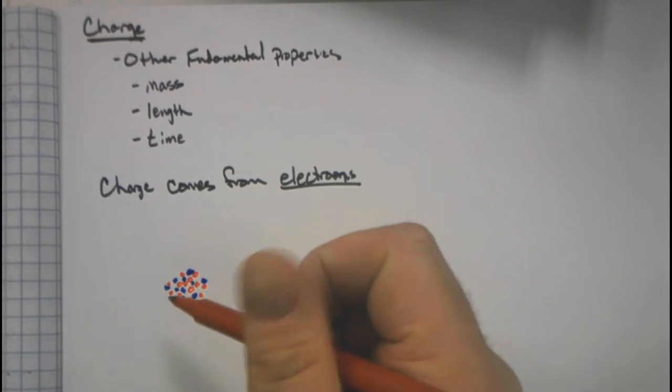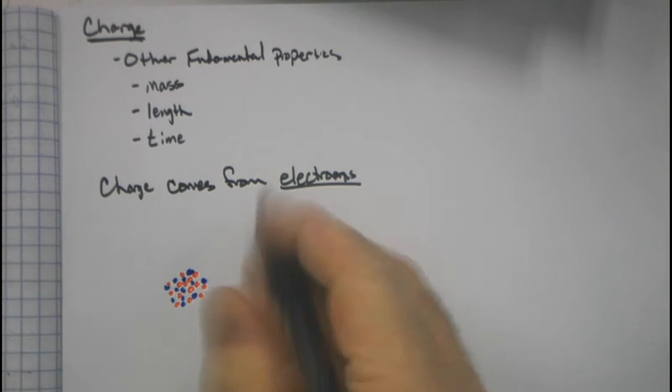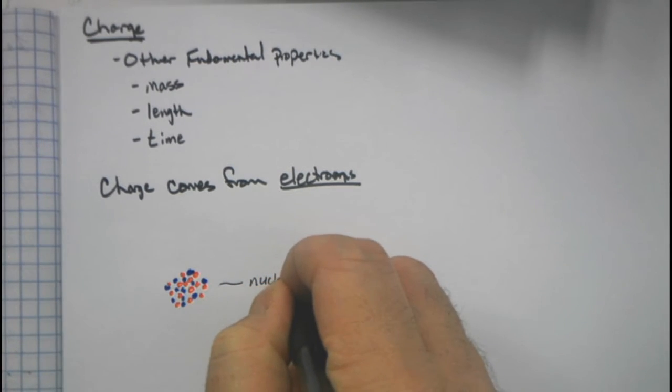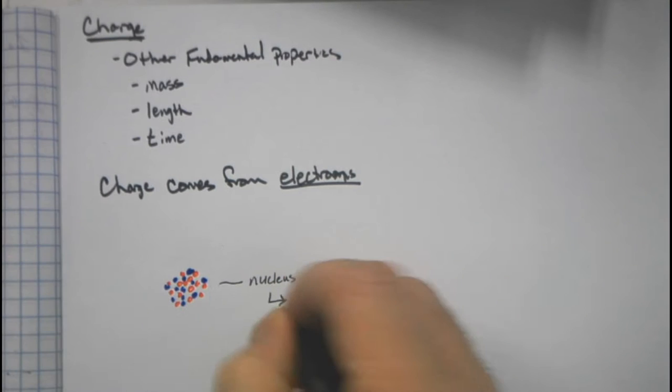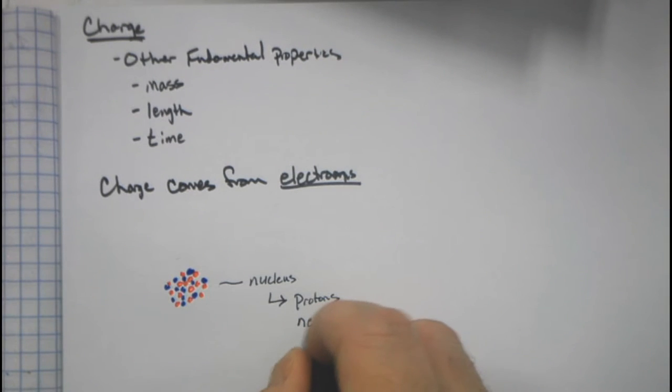And in the center of an atom, we have two different kinds of particles. In the center of the atom, we have this thing called a nucleus. The nucleus contains two parts. It has protons, and it has neutrons.